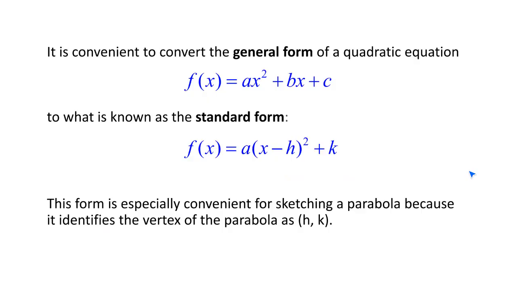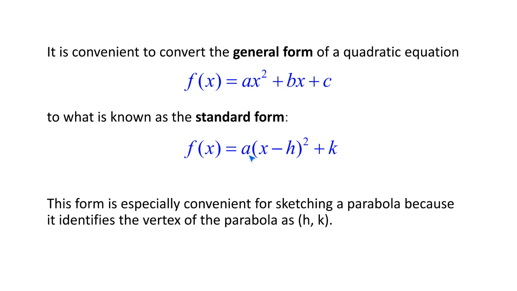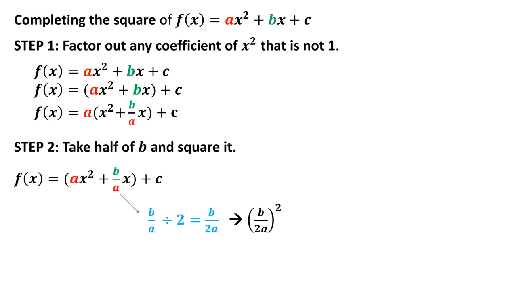Okay, so one of the reasons why we want to go from the general form to the standard form is so that we're able to find the vertex a little bit easier and quicker. Again, if it's in standard form, then your vertex is given by (h, k). To convert from the general to the standard form, we complete the square of the quadratic function.